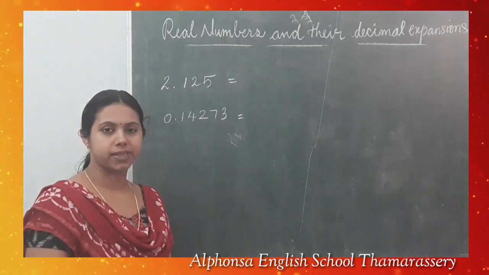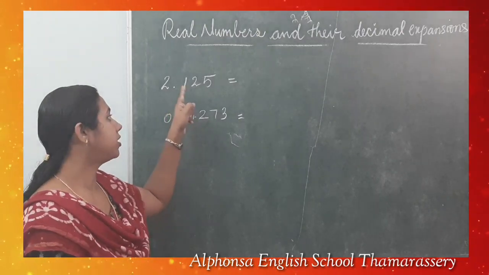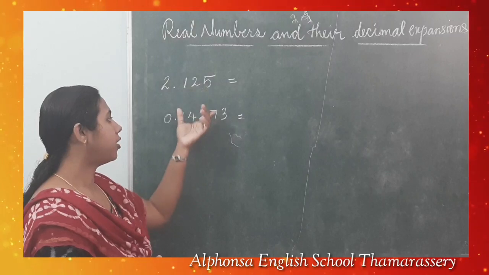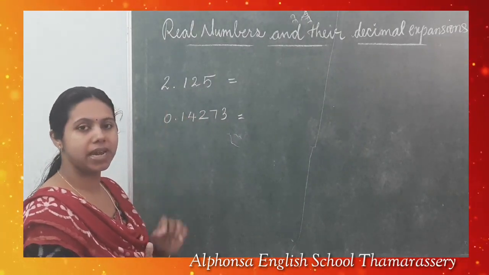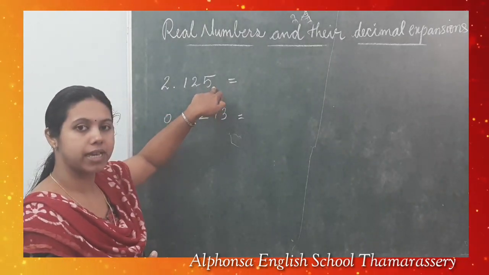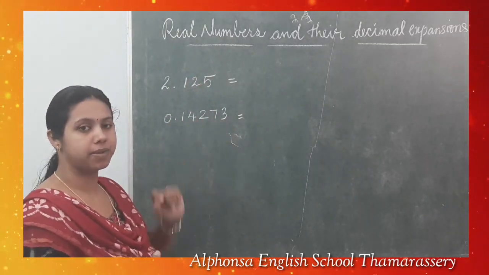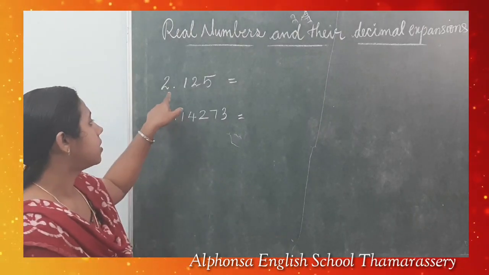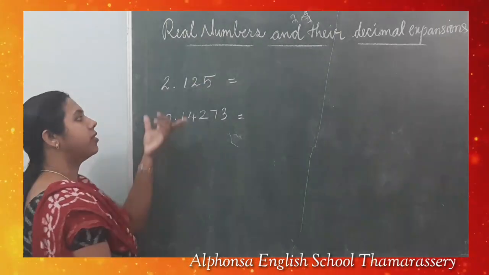Consider these examples. Show that 2.125 is a rational number. When you observe these two examples, you can see they are terminating decimal expansions because after a finite number of steps, the decimal expansion ends. It's a terminating decimal, it's not repeating. So 2.125 is in decimal form.